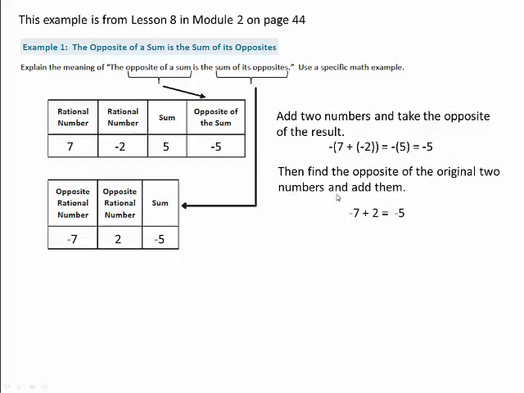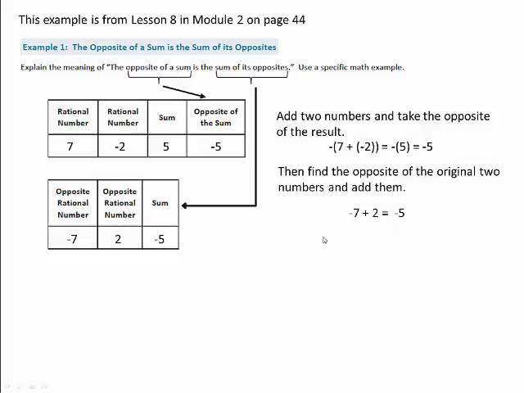So you can see that the way we did this, we got the same answer both times, whether we had the opposite of 7 plus -2 or -7 plus 2. We got -5 both times. We've looked at this in the past as distributing the -1. We took the opposite of 7 and the opposite of -2, -7 and +2, and added them together.